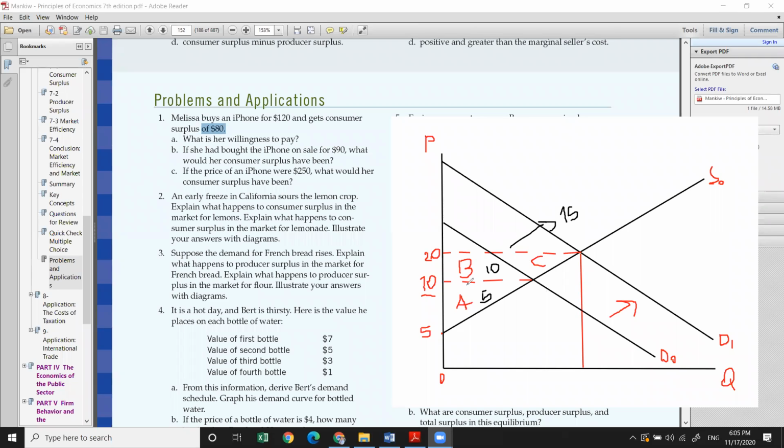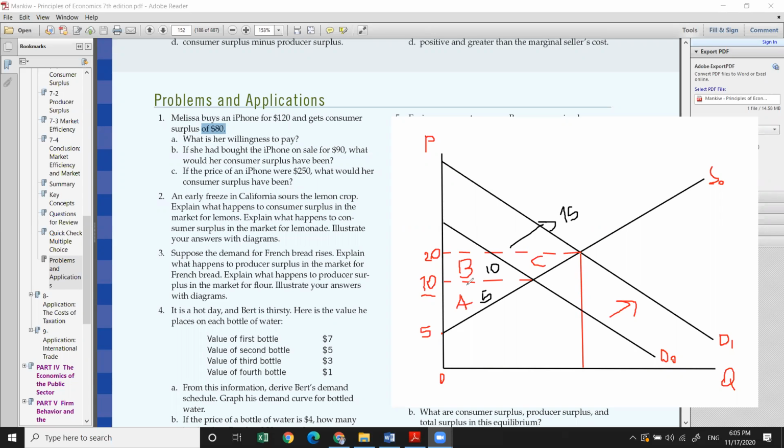And increasing the producer surplus due to the event that takes place, as we know, the demand for French bread increases. So this will have an effect on the producer surplus in the related market as well. So the bread and the flour market will be the same. Once the quantity of bread increases in production, that means automatically in the flour market, those who supply the flour will have to increase the price because of the demand.